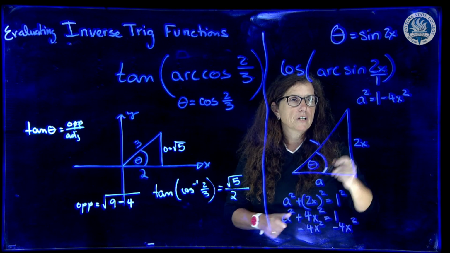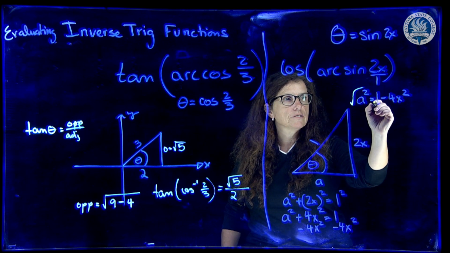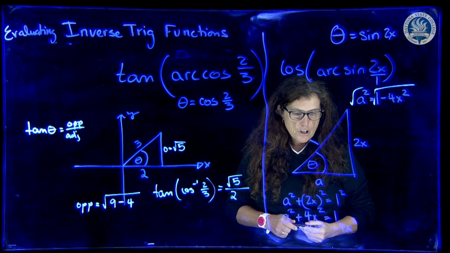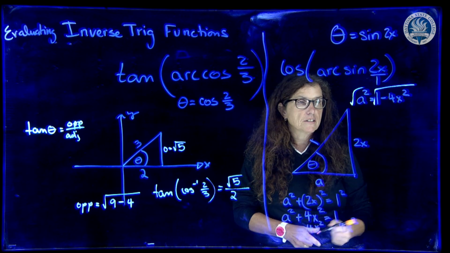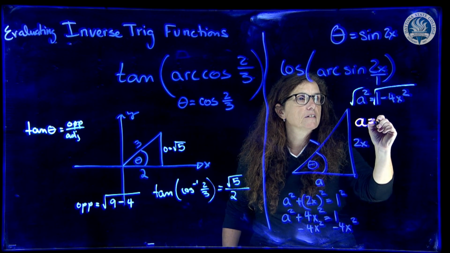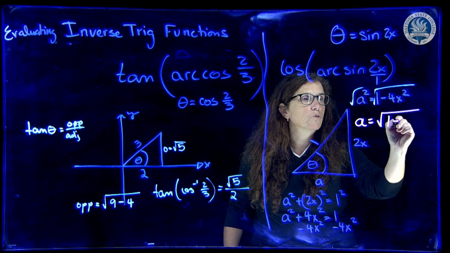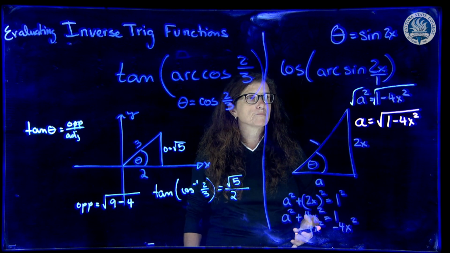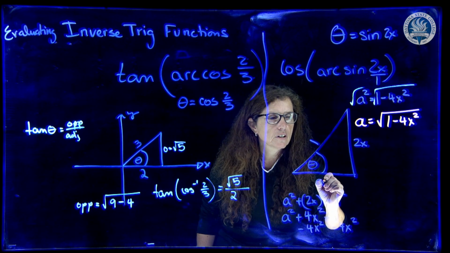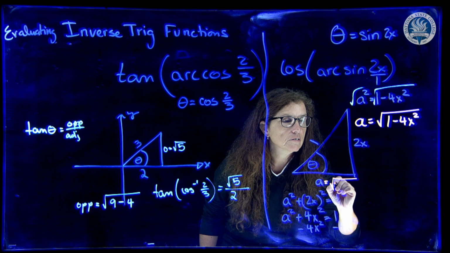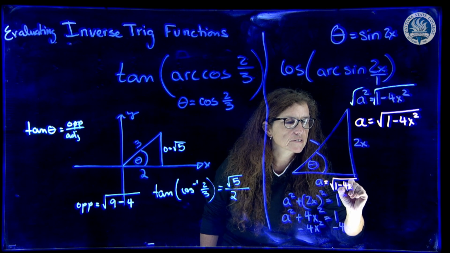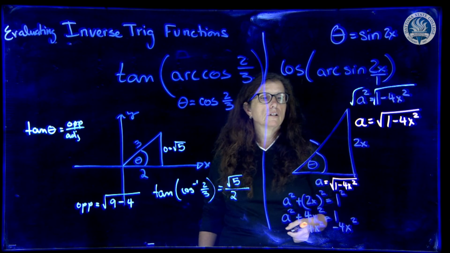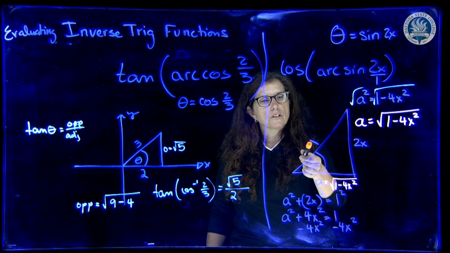Now to get a by itself, the adjacent, we need to take the square root. So the adjacent side in this case is a equals the square root of 1 minus 4x squared. There's nothing you can simplify. Please leave it. Now we can get the cosine.